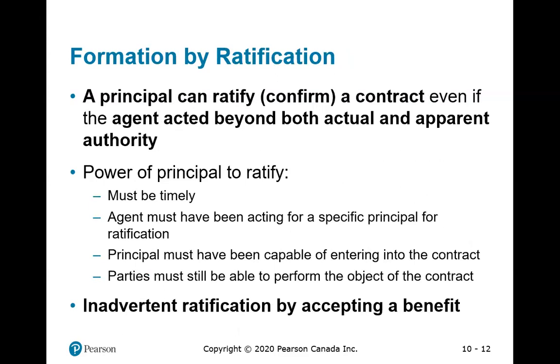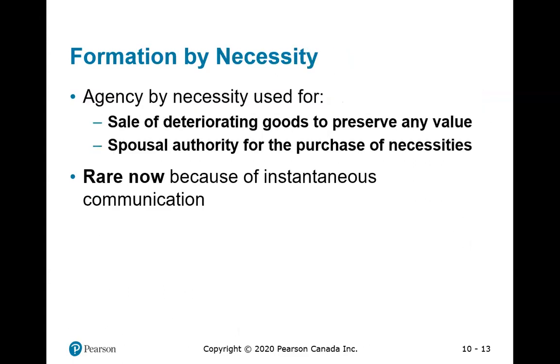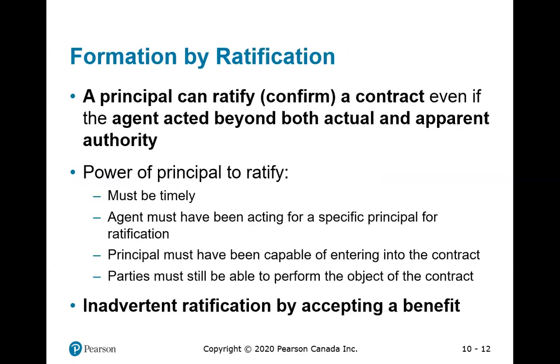Agency can also be formed by ratification, in other words confirmation, and also by necessity. By ratification, by confirmation, usually when the agent goes beyond authority. I can sell up to 1 ton of bananas per month, but let's say I sell 2 tons.